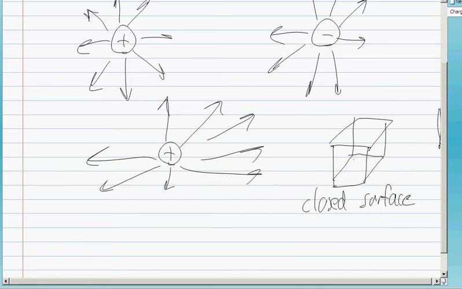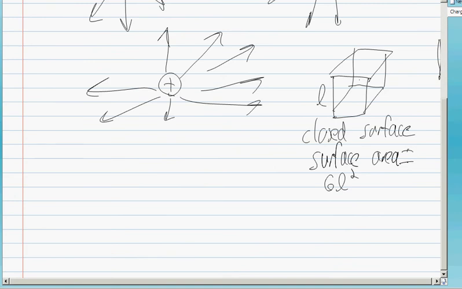In other words, you can't leave the space inside this box without crossing one of these sides. In this case, it has a surface area which is 6 times the length of one side squared, because L squared is one side, and then you have 6 sides, including the top and bottom.